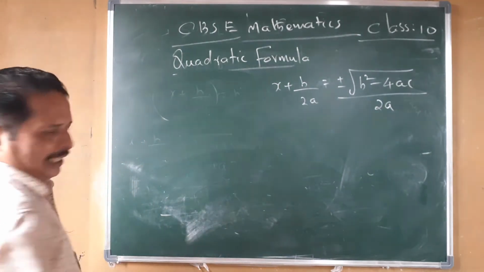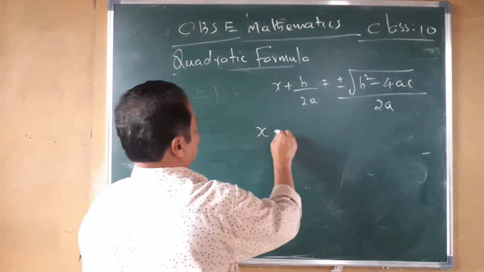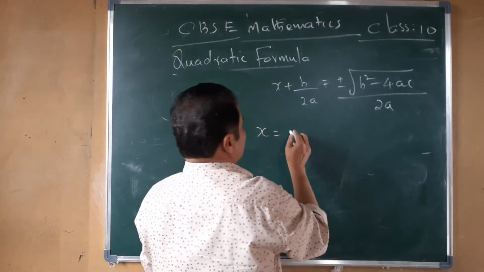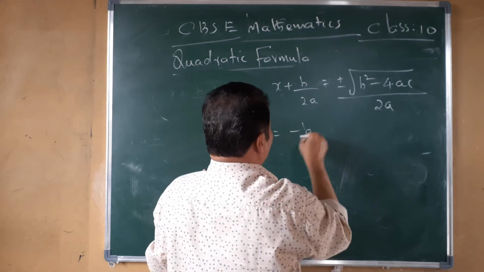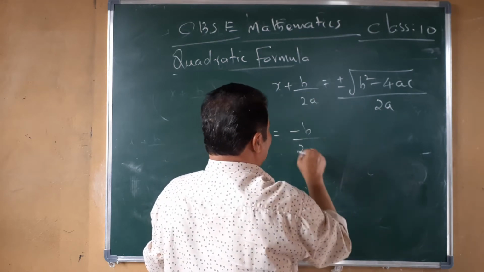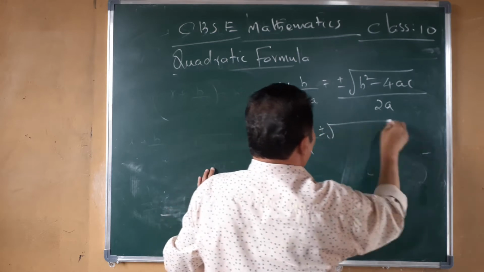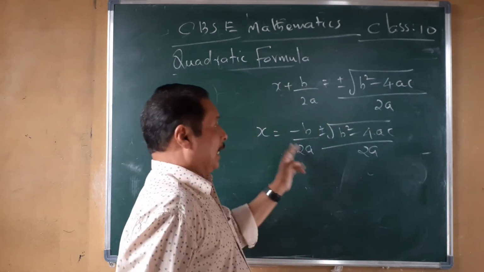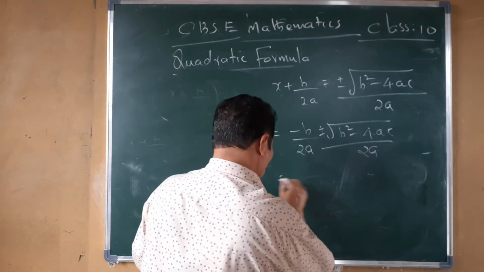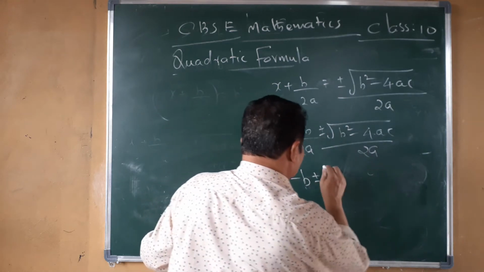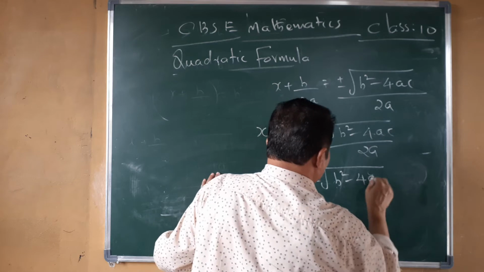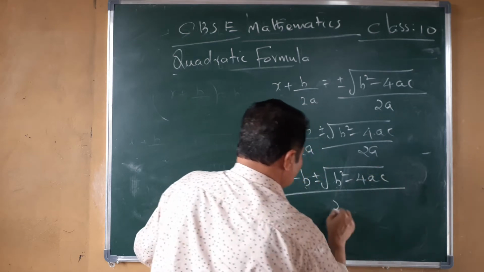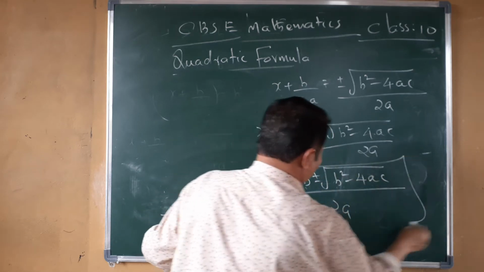So x is equal to, this term transferred to right side, you get minus b by 2a plus or minus root b square minus 4ac by 2a. Now the denominators are same, so your answer is minus b plus or minus root b square minus 4ac divided by 2a.